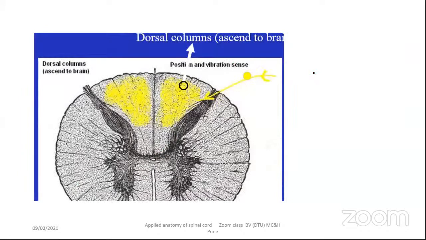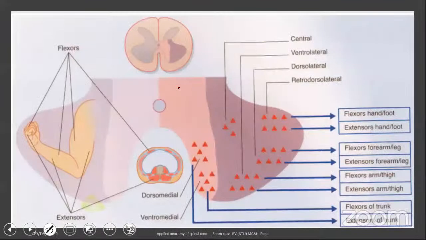So the dorsal columns are seen here. You see that the dorsal column sensations are not crossed, they ascend in the posterior columns. Unfortunately this is a muscle chart which we'll discuss later, but the fibers coming from the corticospinal tract to the anterior horn cells in the ventral root supply the central region, the ventrolateral region, the dorsolateral region, and the retrodorsal region.